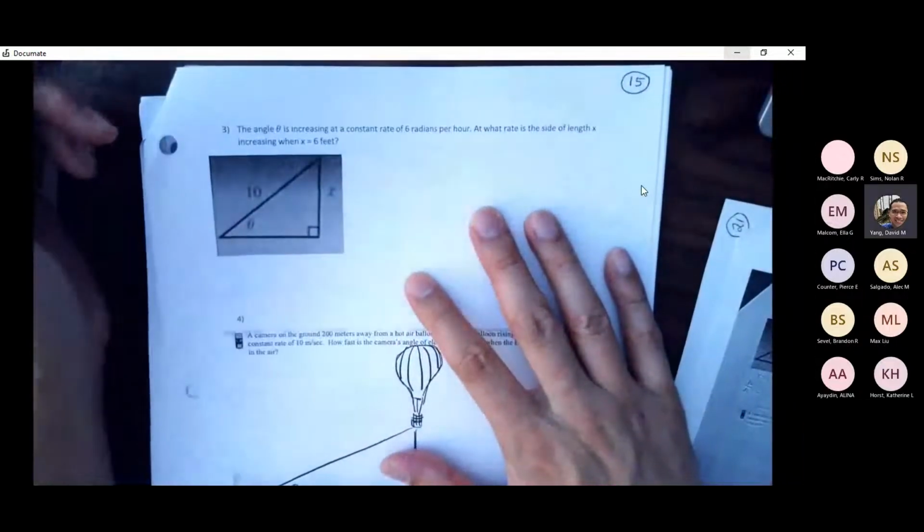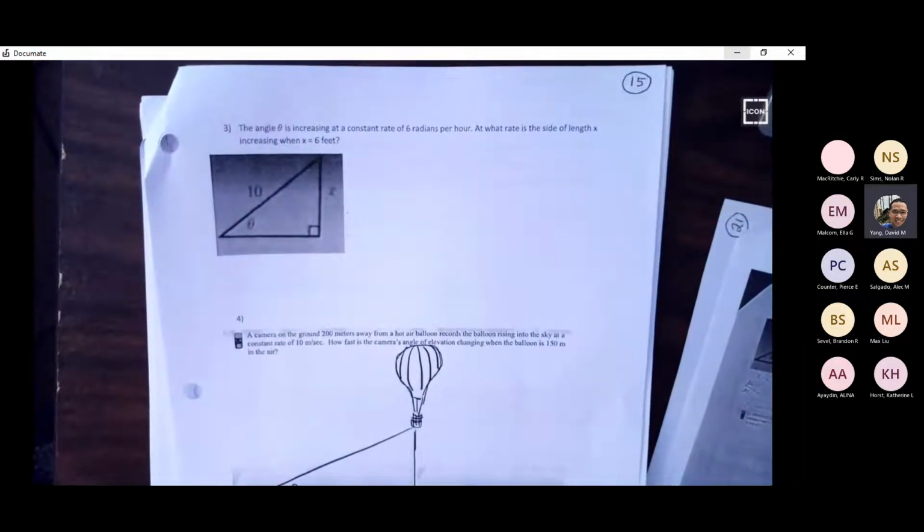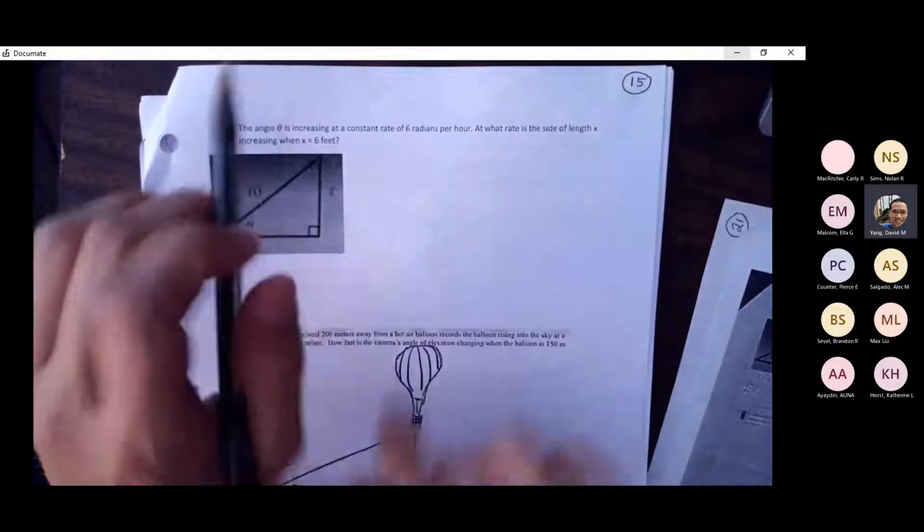Okay, so this is number 3 on page 15 in your test review packet. The angle theta is increasing at a constant rate of 6 radians per hour. At what rate is the side of length x increasing when x is 6 feet?